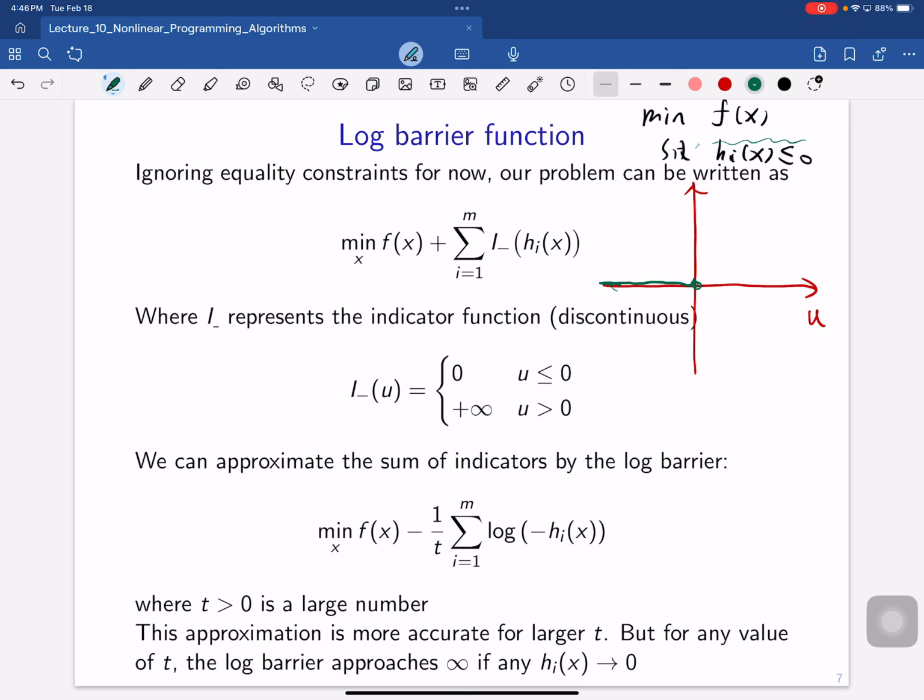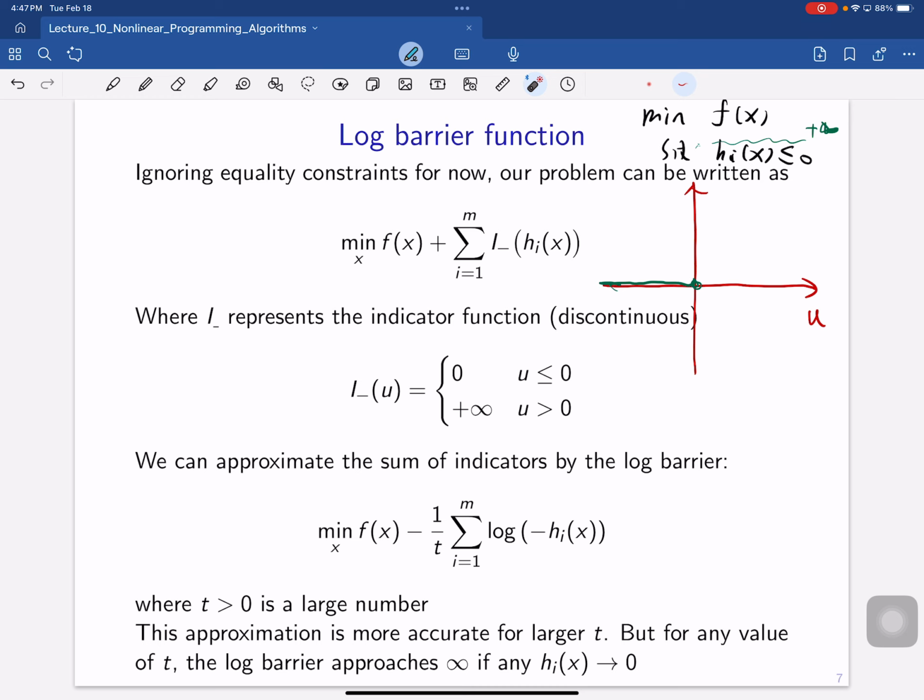I cannot draw plus infinity, so let's assume it's arbitrarily higher up here. This function has very bad properties. It is discontinuous at u equals 0, and of course, when it's discontinuous, it's non-differentiable. Therefore, you cannot directly solve this optimization problem. It's super difficult to solve.